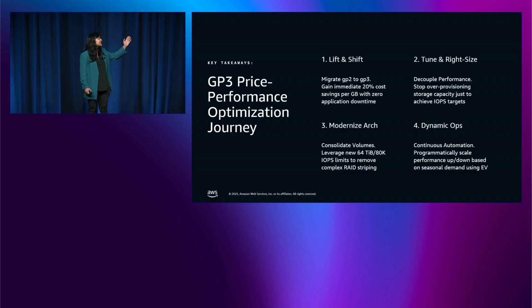You can migrate seamlessly from gp2 to gp3. You can fine-tune and right-size your volume depending on your use case and what you've learned about your data by monitoring performance. You can modernize your architecture. Now we offer up to 64 terabytes of size limit with gp3.